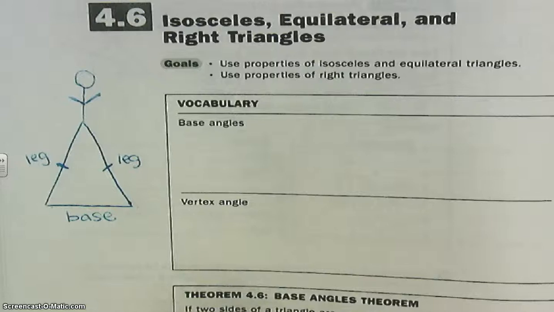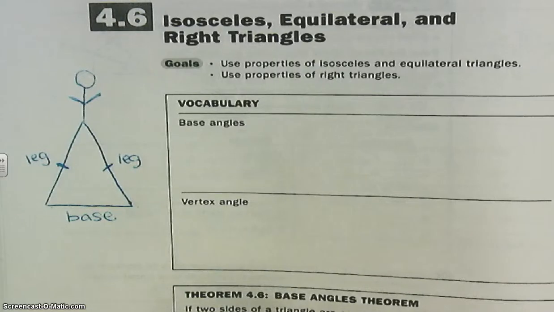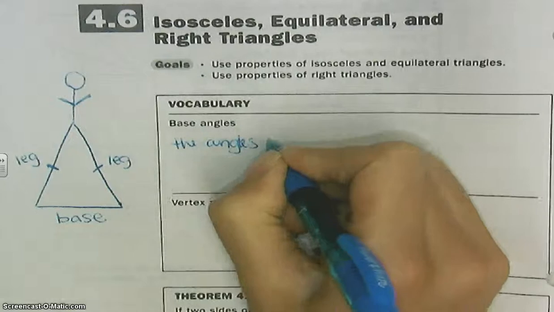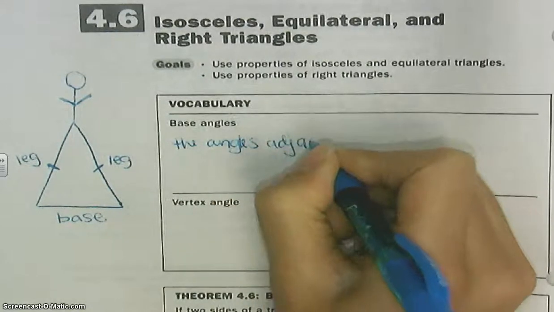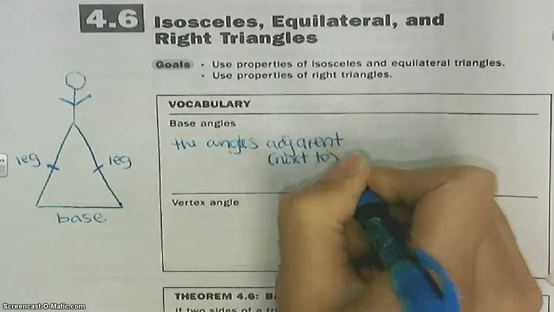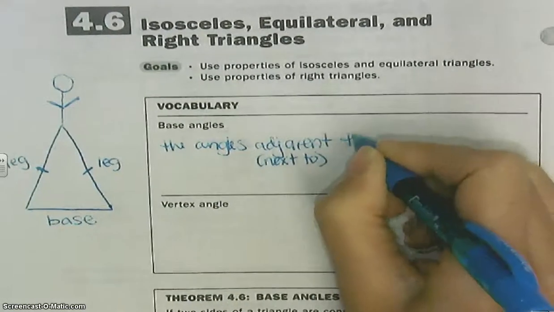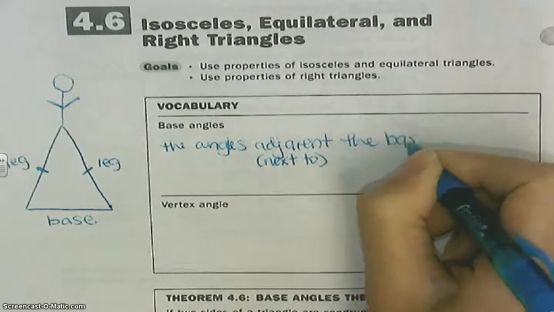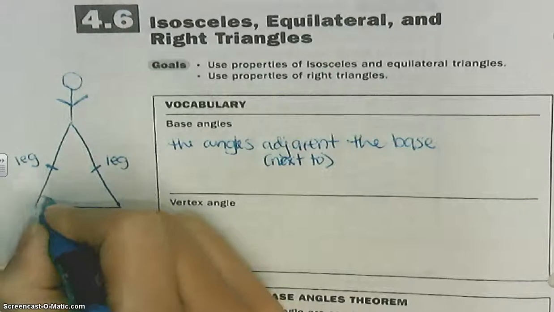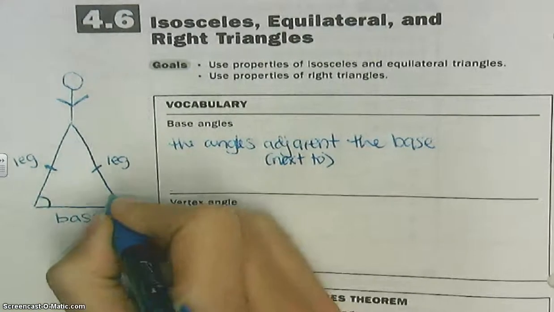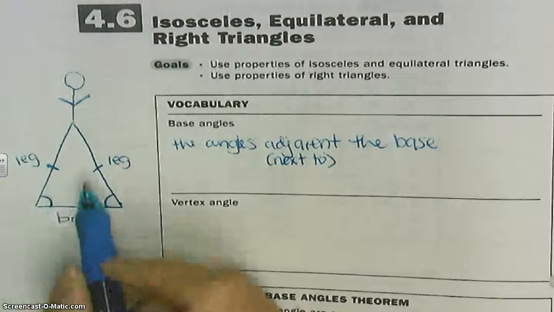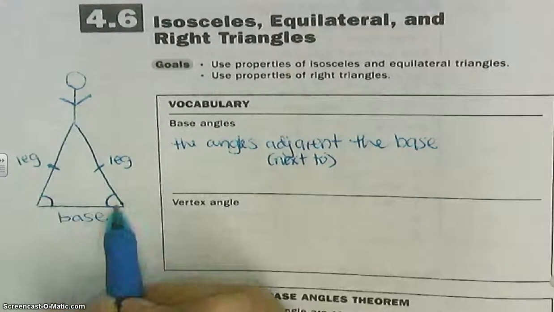So now we talk about base angles. Well, base angles are the angles adjacent, which means next to, the base. So here's the base. So here's a base angle. Here's a base angle. Well, you notice it kind of looks like your shoes. So you've got your legs and you got your shoes.